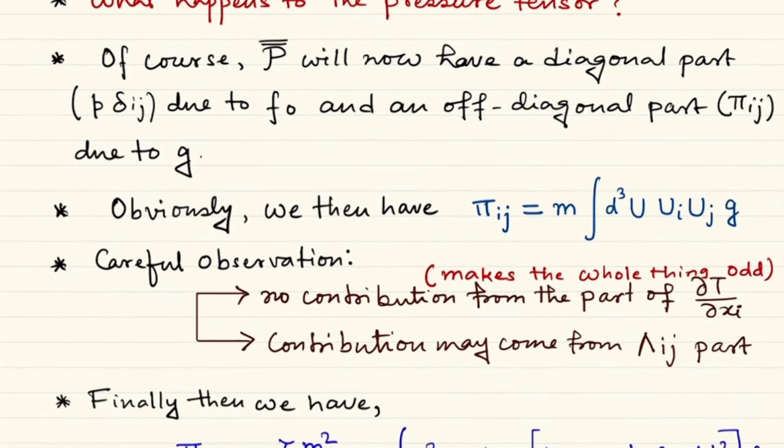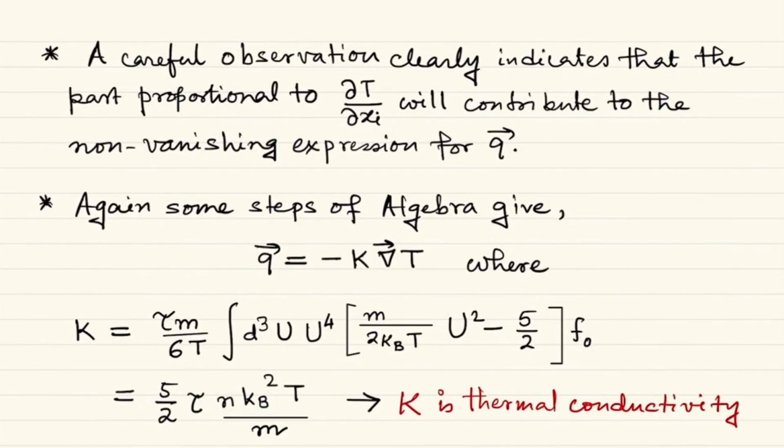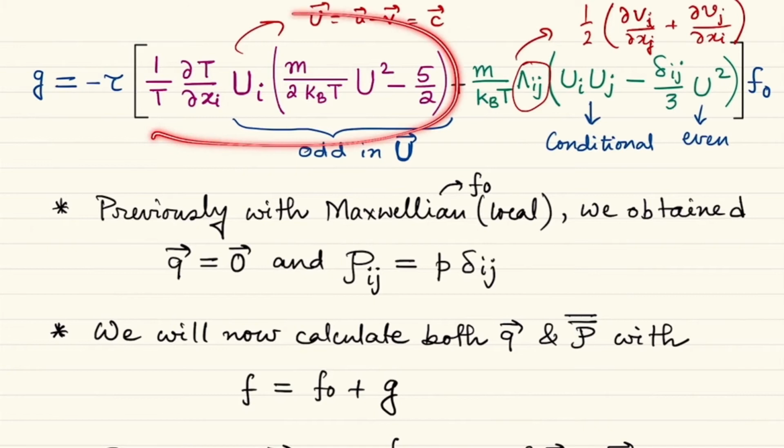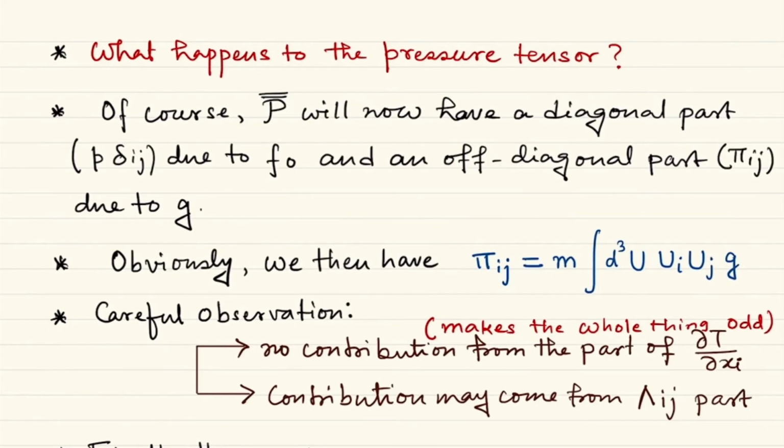Now again, careful observation. Here you have ui uj. If you just take the part which is proportional to del T del xi, you will see that ui may couple at best with one of the ui and uj, right?